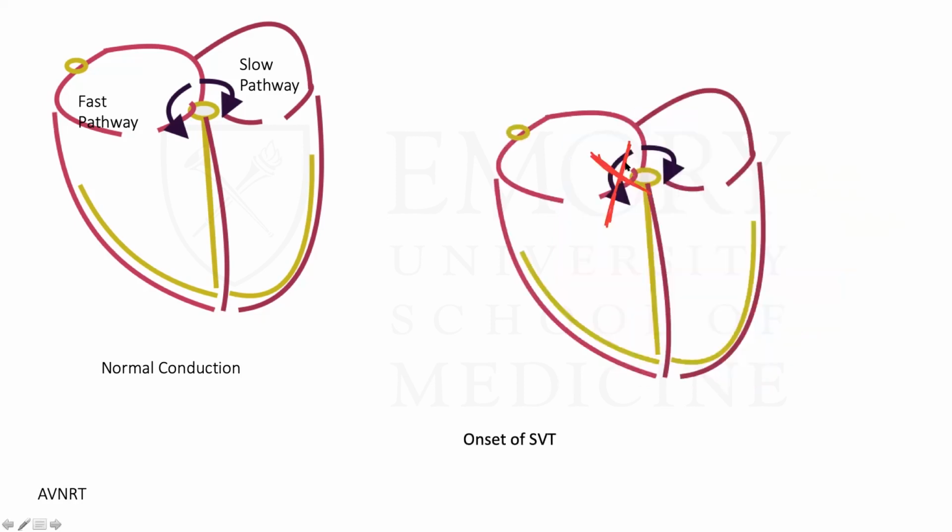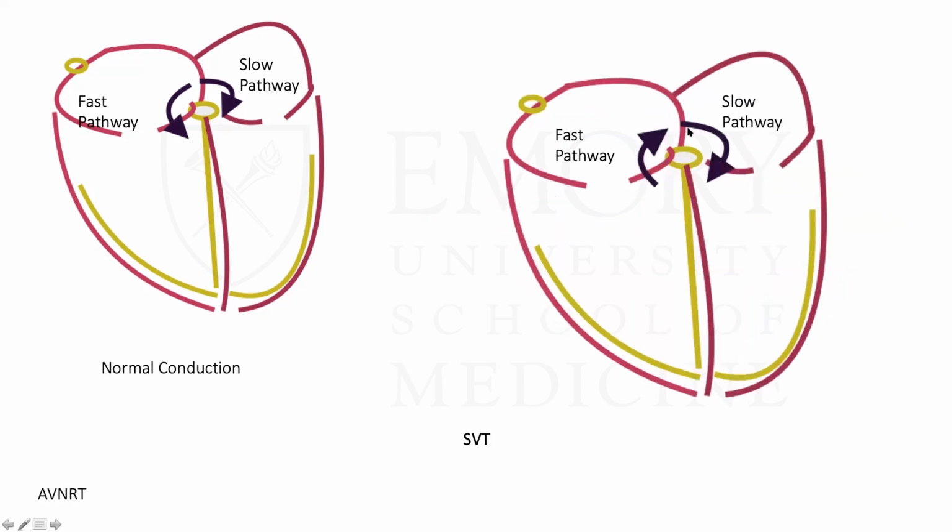So if a PAC comes in timed close enough after the prior beat, the fast pathway will be blocked, it'll be refractory, and the signal will go down the slow pathway. By the time it's gone down and around, the fast pathway has recovered, and so the signal can go up the fast pathway, and then you get caught in this reentrant rhythm between the fast and the slow pathway. So that's the mechanism for AVNRT.